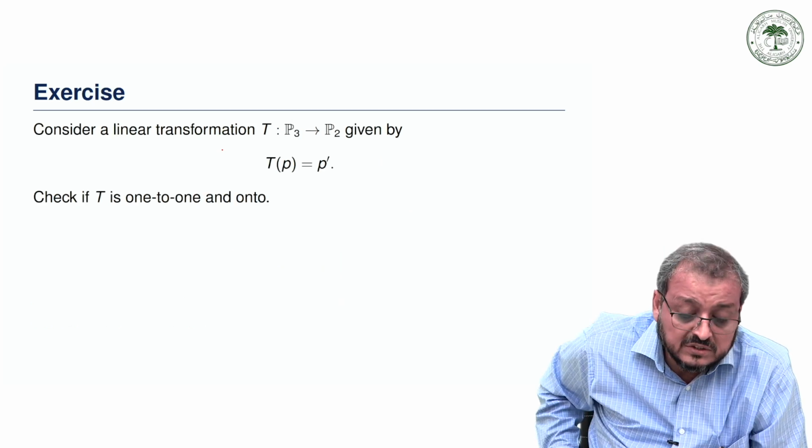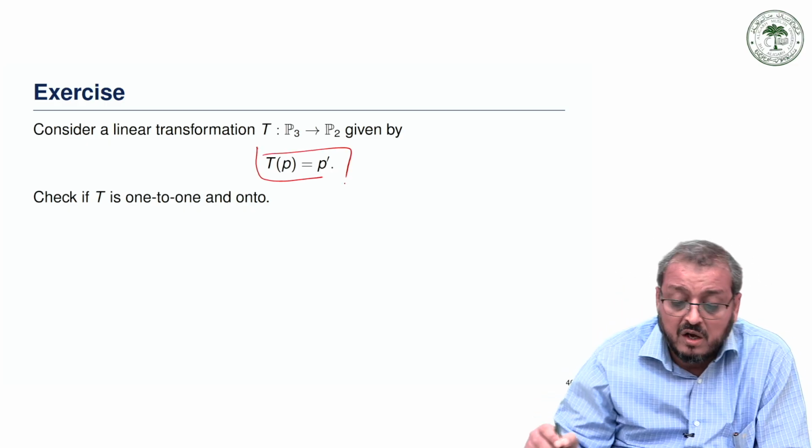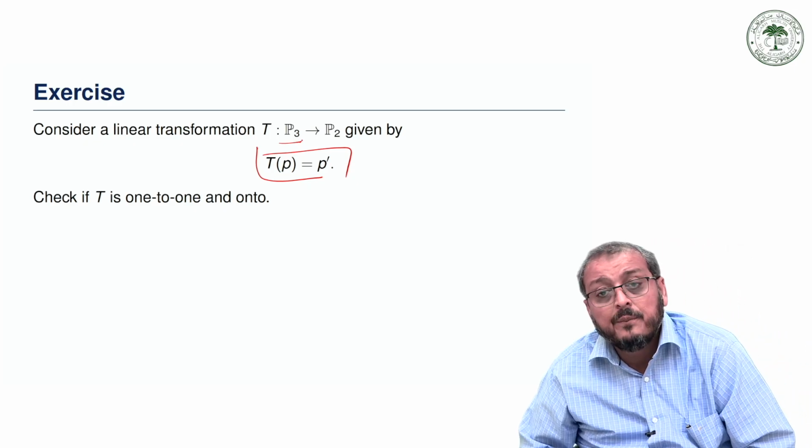Okay, now we consider this. We have to check whether this example is one-to-one or onto, because we have a map T from P3 to P2.